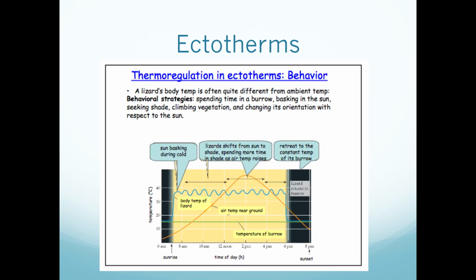At the very beginning, the lizard's in the burrow. It hops out of the burrow and starts heating up its body by basking. Its metabolic energy gets elevated. It can do things like forage. At the heat of the day, the lizard's going to go to the shade. And then as it gets really hot, the lizard's going to return to its burrow, and it'll stay there all night because the burrow is probably not cooling down as fast as the air would.